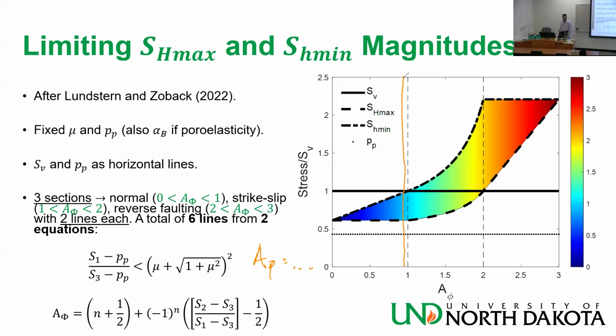Also, another one: since alpha phi is not a function of pore pressure, it means in all the cases, whatever we inject or we produce, we cannot change the stress regime. But in real life it does, because pore pressure changes not just sigma h min directly, but also it changes SH min and SH max.